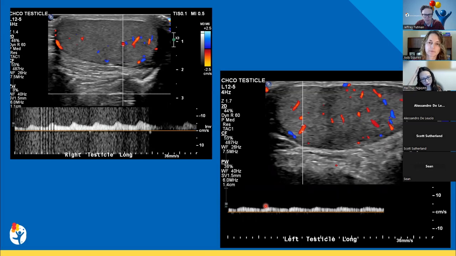I think for the waveforms, they are real and they truly are telling us the story. But to answer your question, in isolation, I'm not sure, but I would put it all in the picture and it does fit the picture. So I would say that it's real in the sense that I feel like you can get easier waveforms in the periphery and not centrally. And that's the other thing I wanted to mention for your images that you're showing too.